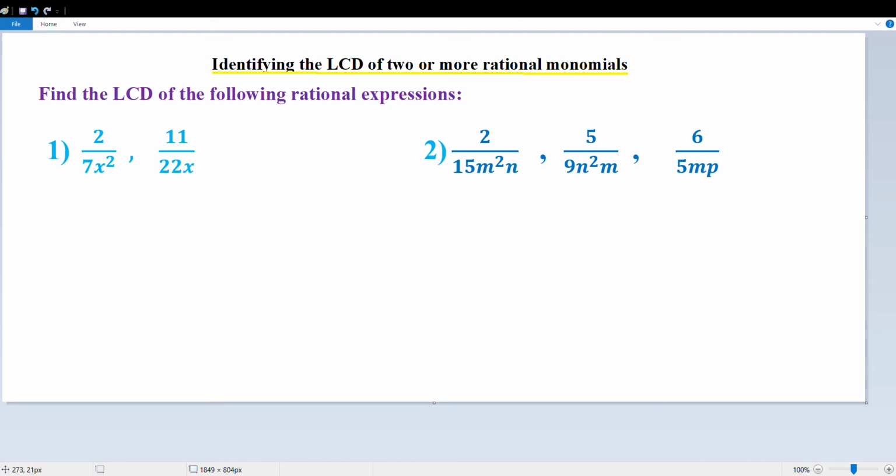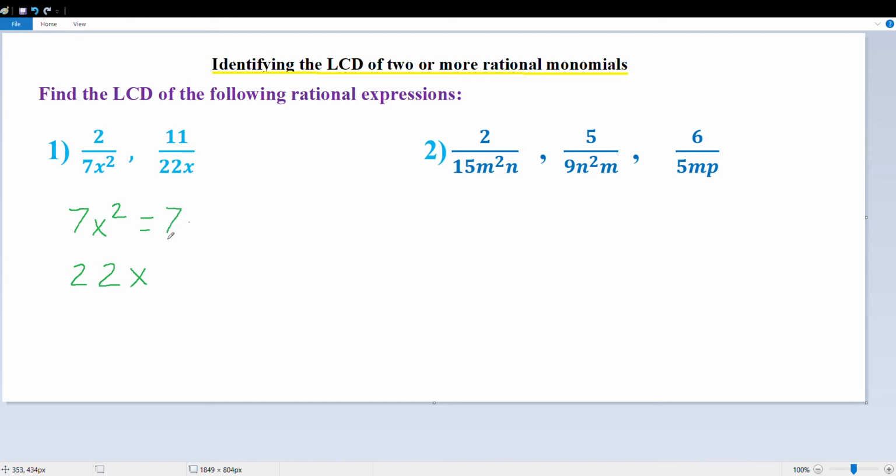So the first step would be to rewrite the denominators in the given polynomials. So here we have the first denominator is 7x squared and the second denominator is 22x. Now the second step would be to factor out these denominators. So I'm gonna go ahead and factor these out.